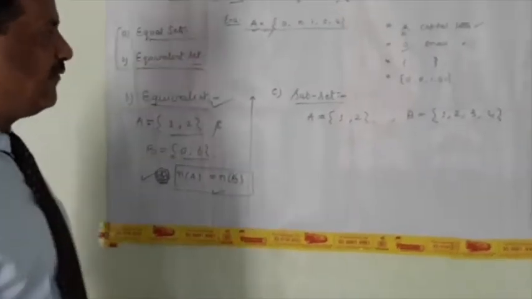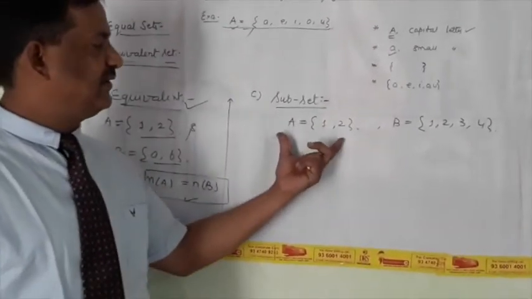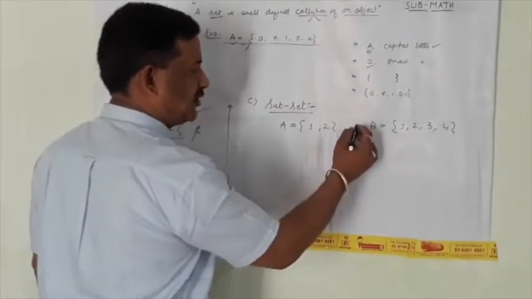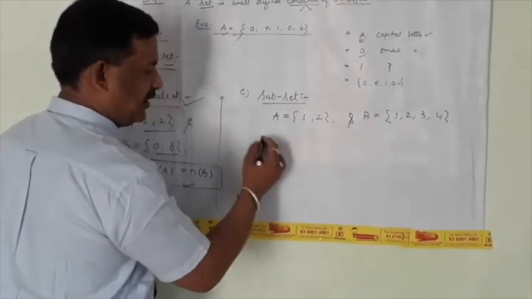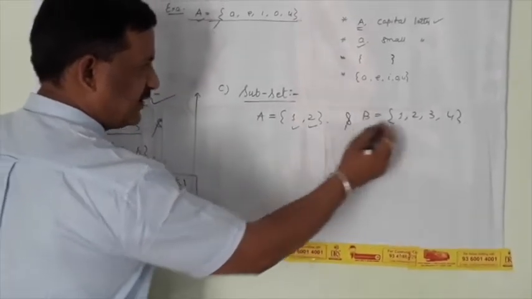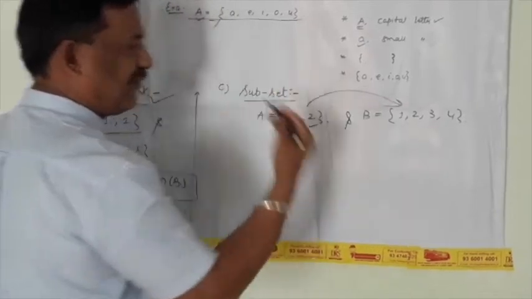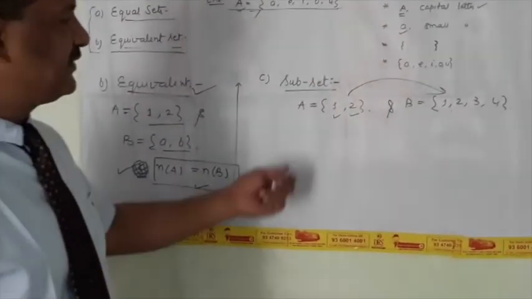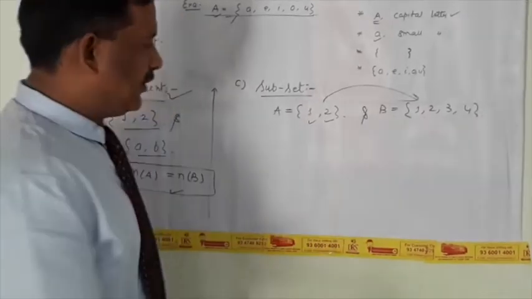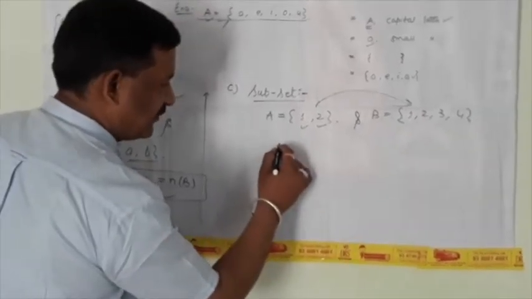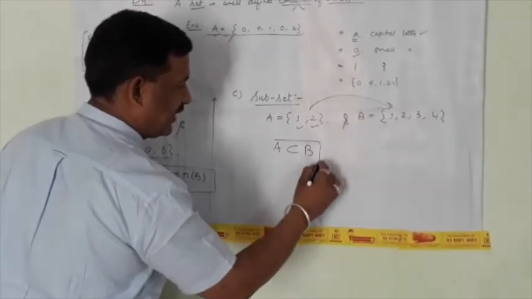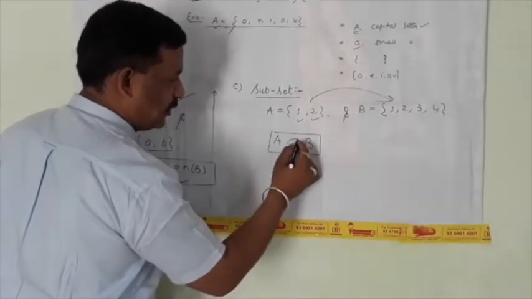To discuss what subset means, this is an example of set A and set B. Now there are two sets A and B, and we can see that every element of A is in B. Every element of A is in B means every element of A is contained in set B. So this is the representation of a subset. If every element of A is in B, then A is called a subset of B.